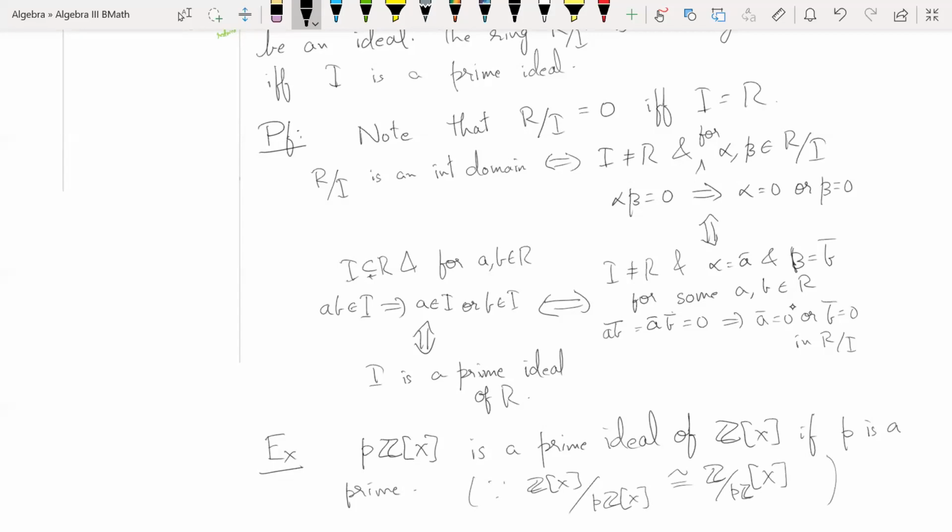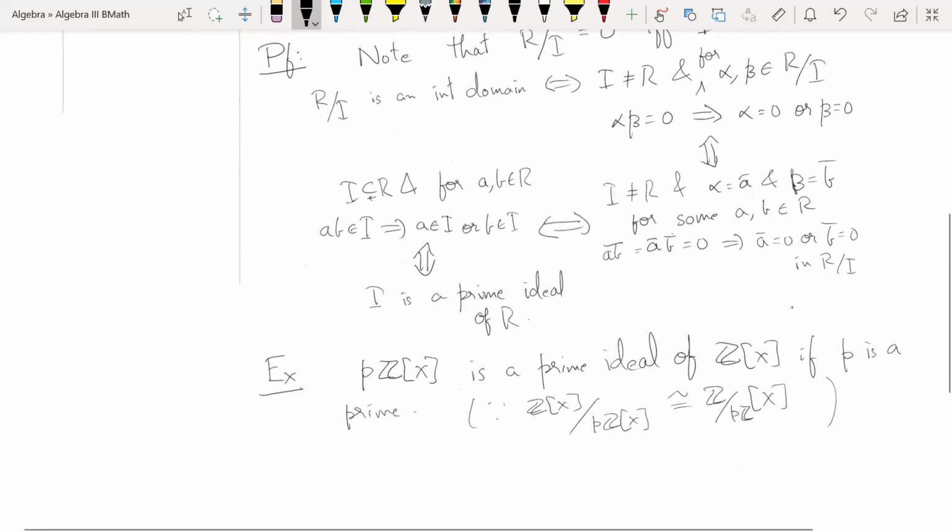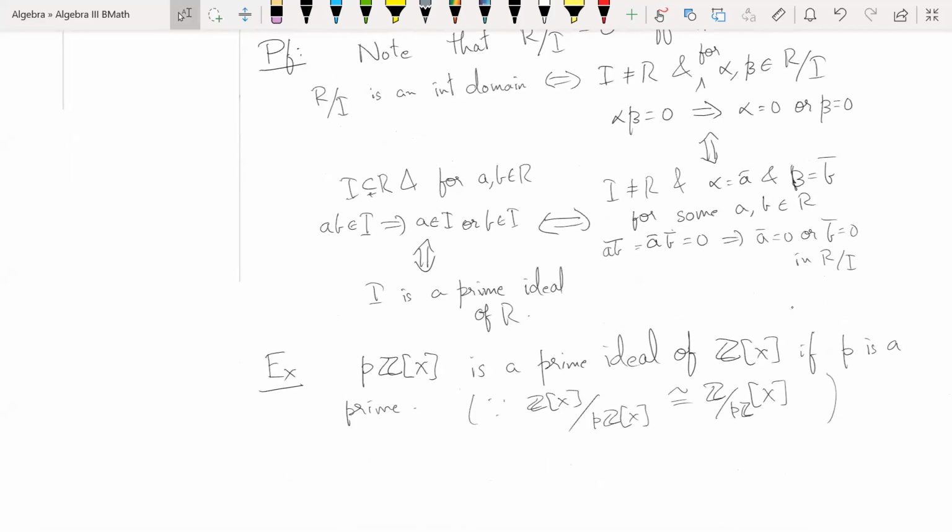So the polynomial ring over this is also an integral domain. Since this is an integral domain, the corresponding ideal must be a prime ideal. So this is one example.